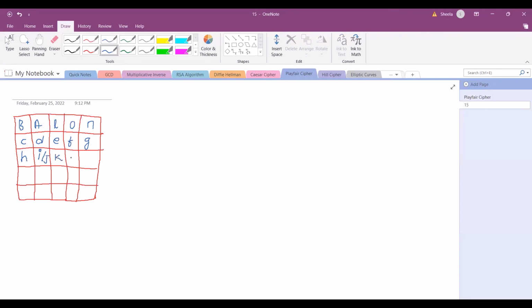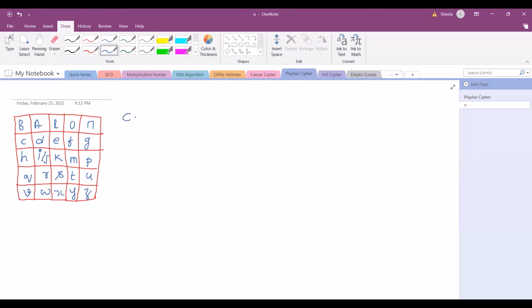K, L, M, N, O, P, Q, R, S, T, U, V, W, X, Y, Z. Okay, this is the key matrix.